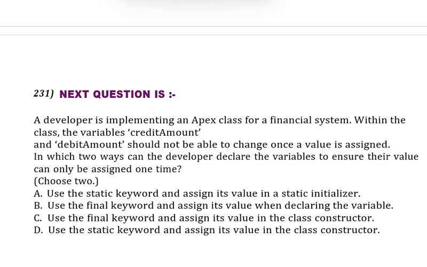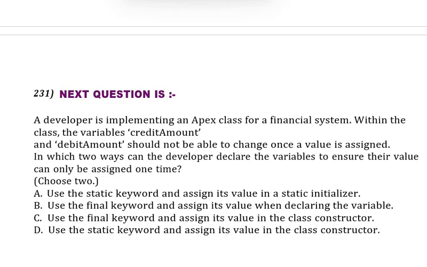Question is a developer is implementing an Apex class for a financial system. Within the class, the variables creditAmount and debitAmount should not be able to change once a value is assigned. In which two ways can the developer declare the variables to ensure their value can only be assigned one time? Choose two options.